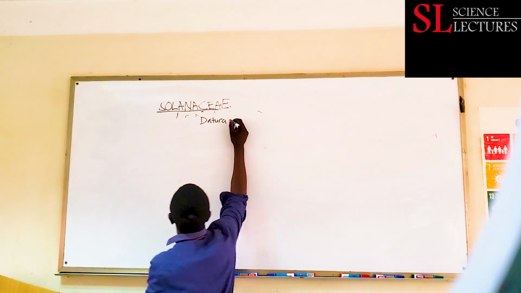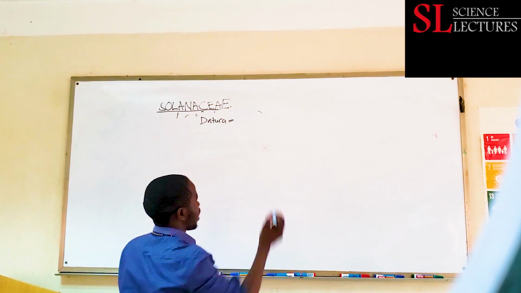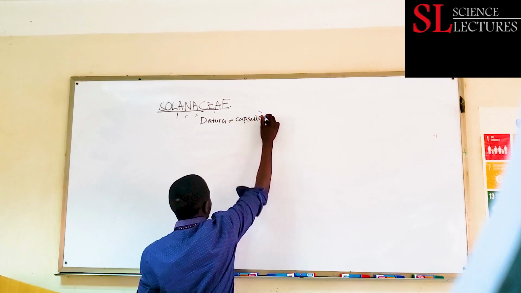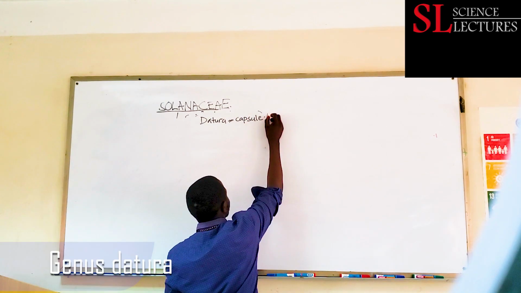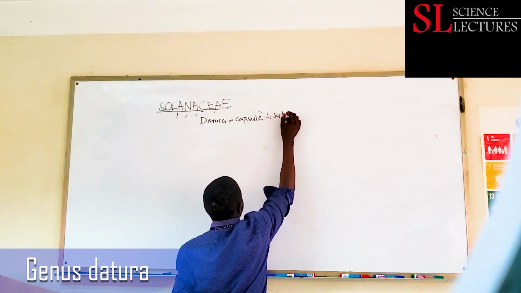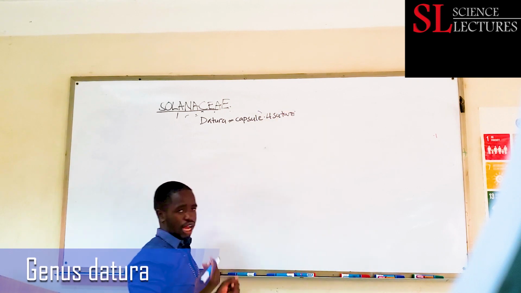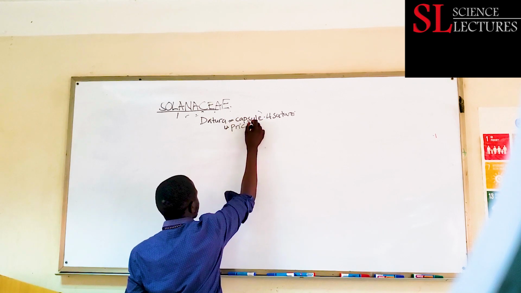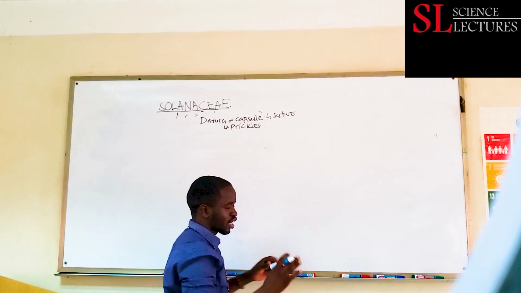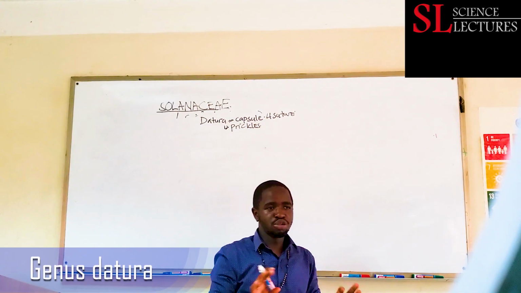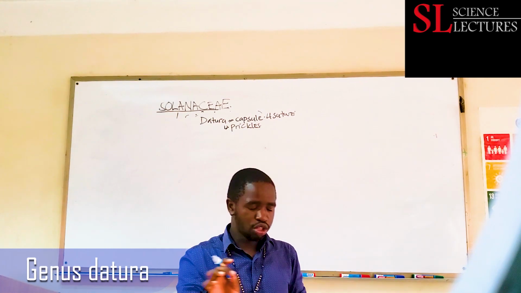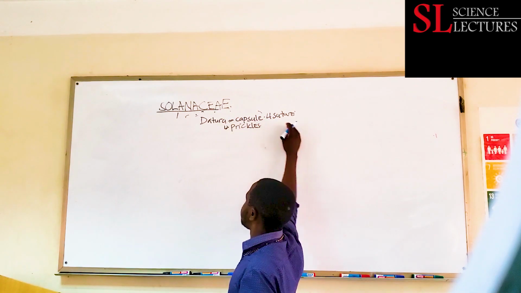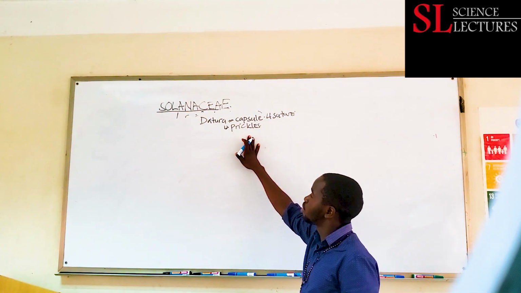So this genus specifically has its fruit as a capsule. This capsule has 4 sutures, and it has prickles. Its capsule tends to have thorn-like projections on its surface.